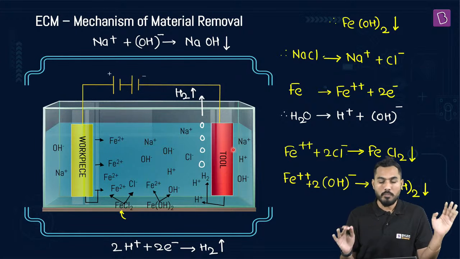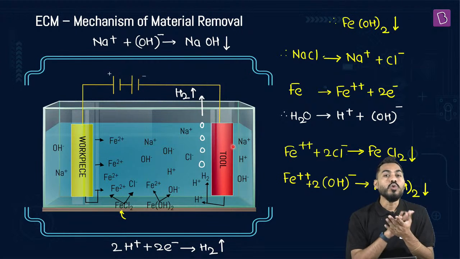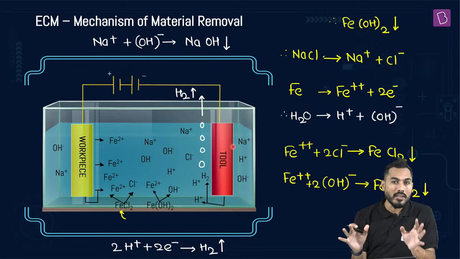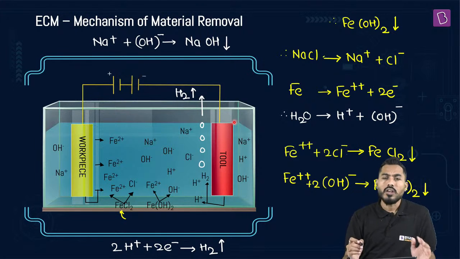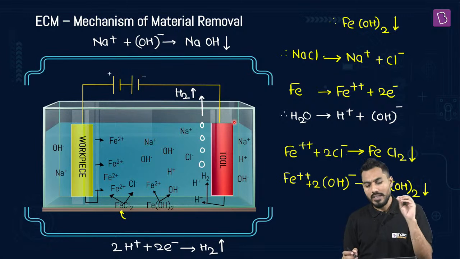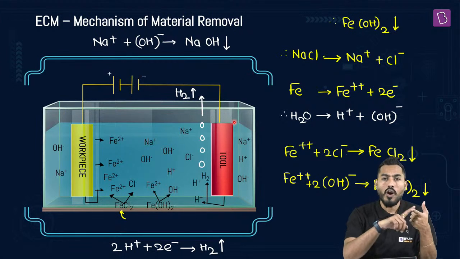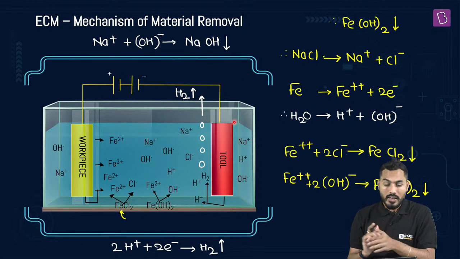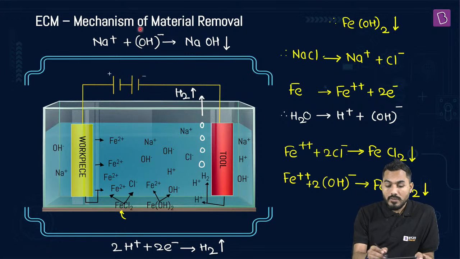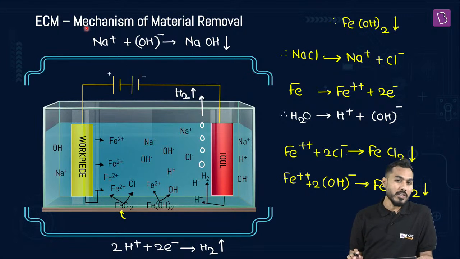So the tool material should be selected in such a manner that it supports my machining operation. Therefore, any good conductor of electricity should be selected as a tool material. Copper and aluminum are conductors of electricity, and generally copper metal is selected as the ideal tool as far as the electrochemical machining operation is concerned.